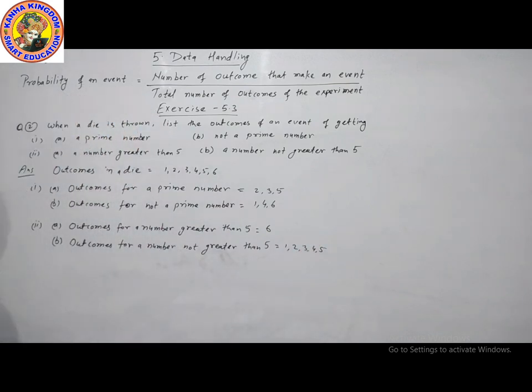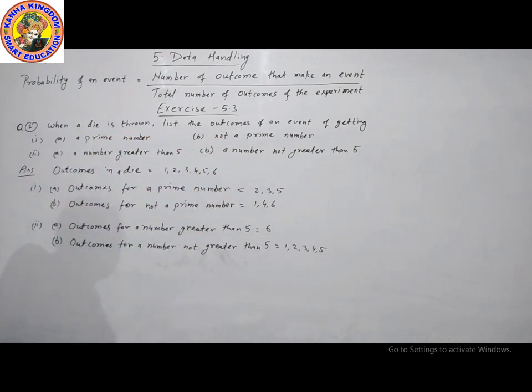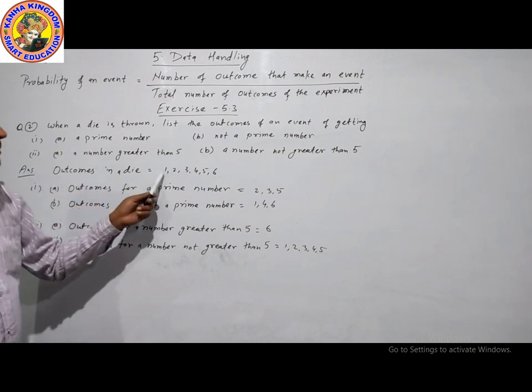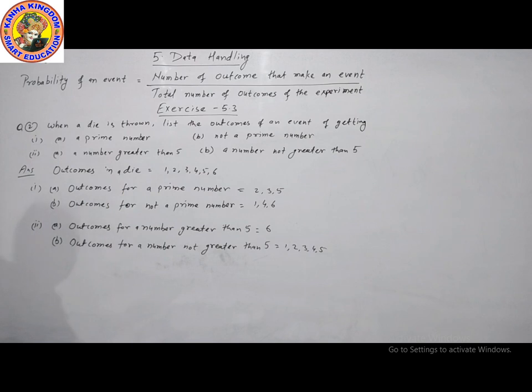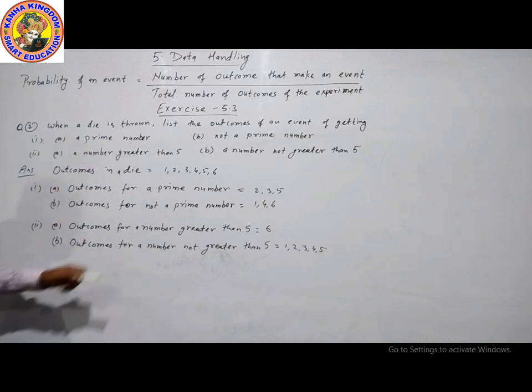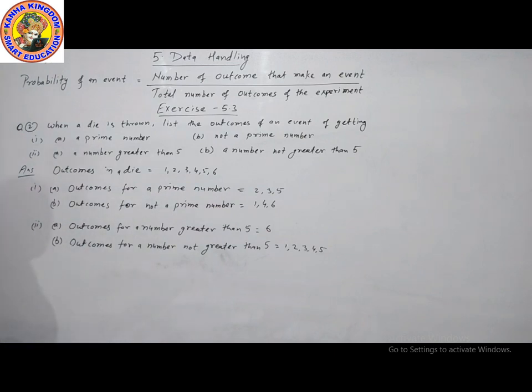Let's begin from this. When a die is thrown, list the outcomes of an event of getting. First of all, we will write down the outcomes in a die: 1, 2, 3, 4, 5, 6. These are the 6 outcomes. Question number first, a prime number. Prime numbers are 2, 3 and 5, so 2, 3 and 5 is our answer.